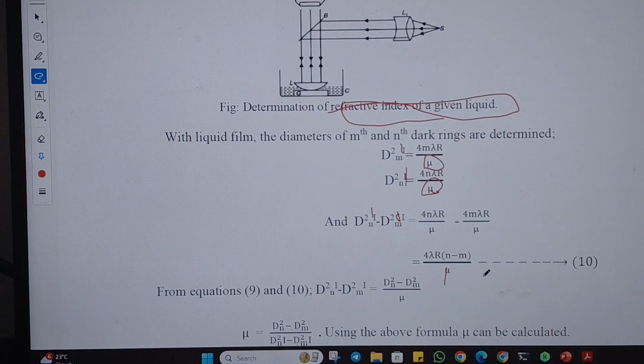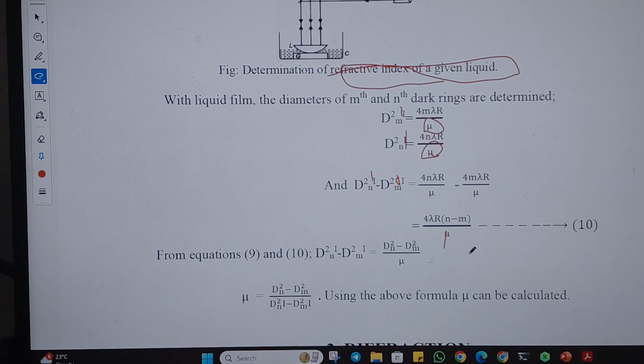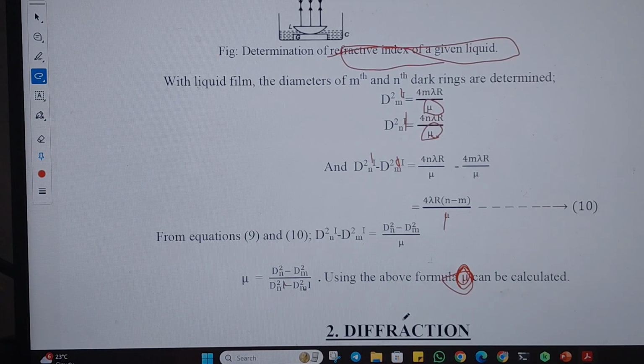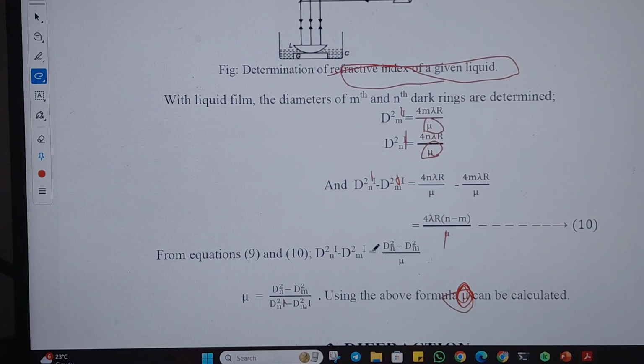So we can find the refractive index, that is mu equals Dn square minus Dm square divided by Dn square dash minus Dm square dash. So this is our formula to calculate the refractive index of a given liquid using Newton's rings.